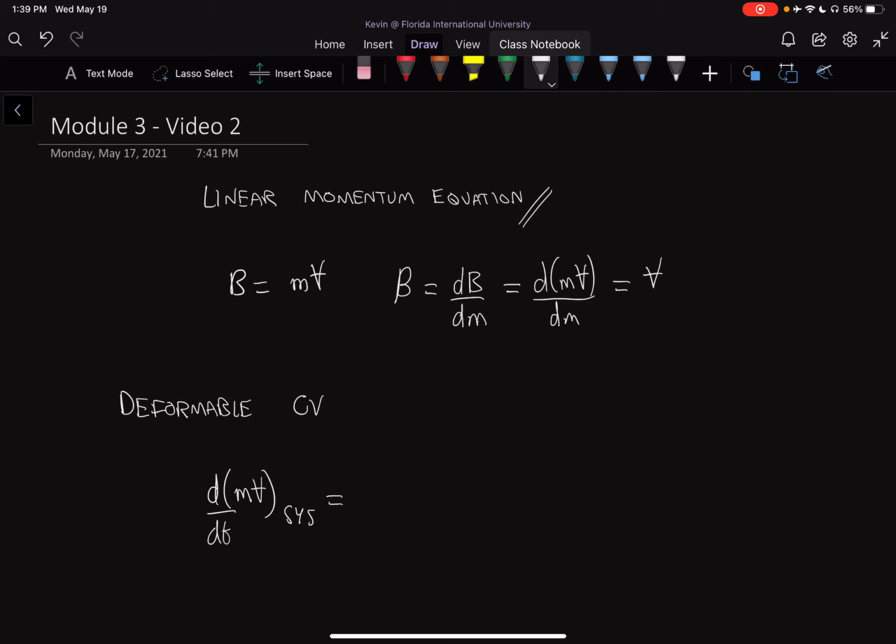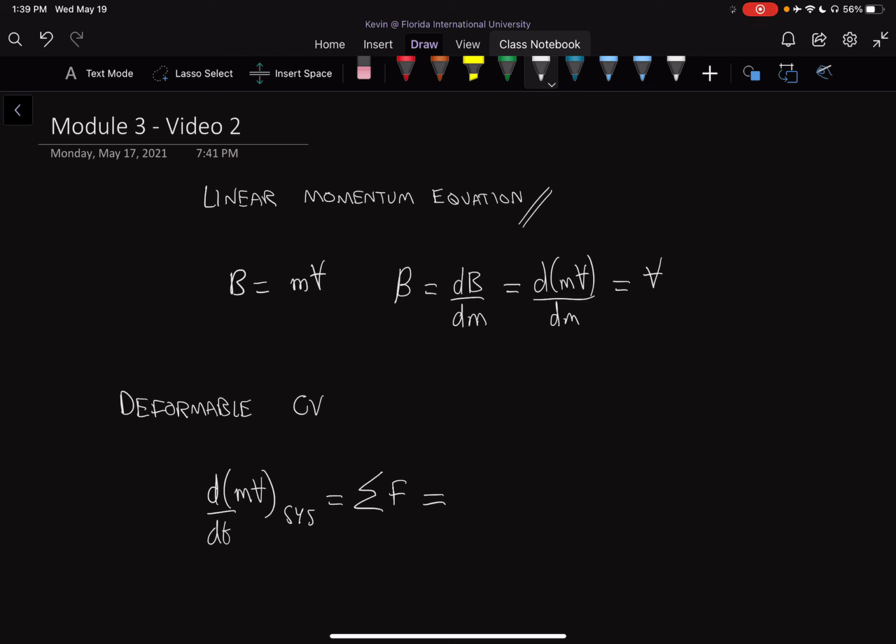We know that this term is essentially equal to the sum of the forces, because force is equal to ma. If we have a constant mass in our system, or a mass that is not differentiated, we essentially have the sum of the forces in the system. So that's the first important point we can make. And this is equal to the right side of the equation that we're going to write out right now.